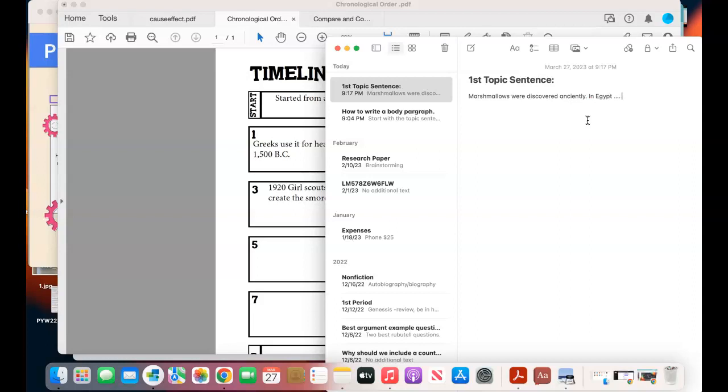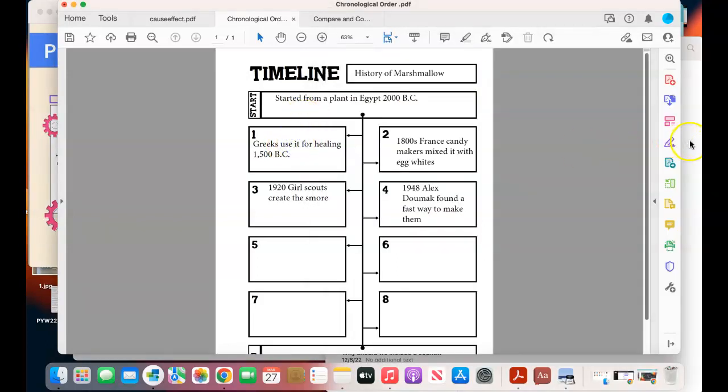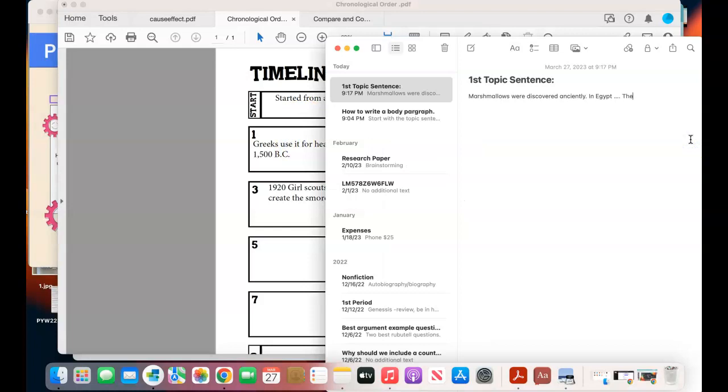Yada, yada. Now notice, how did I connect these two ideas together? Because I'm going to talk about Egypt, then I'm going to say, then in Greece, in 1500 BC, right? How did I connect these two ideas together? This word right here, anciently, right? They were both anciently, okay?